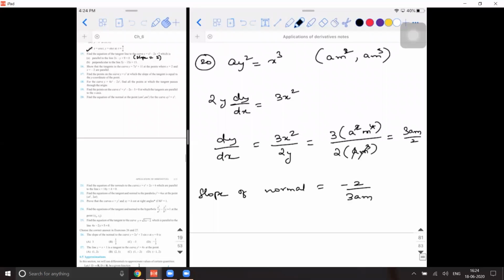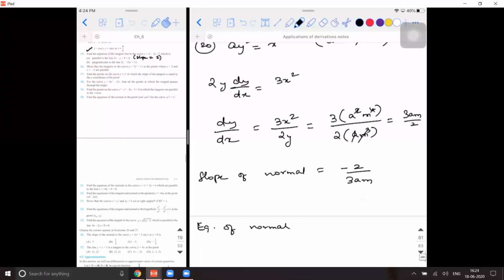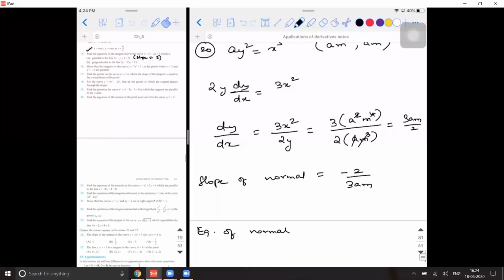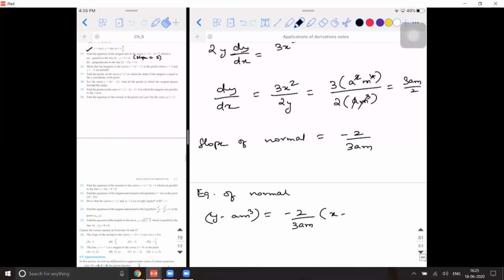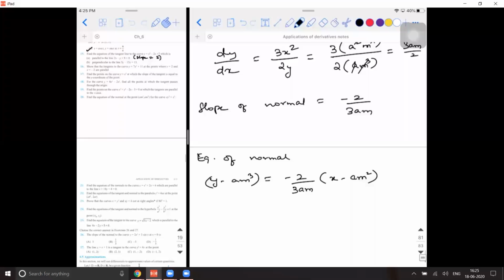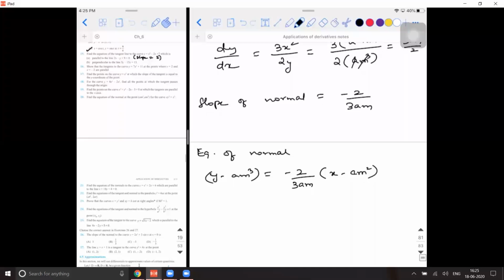So what will be the equation of line? The equation of normal will be y minus y1, y minus am cube is equal to m into x minus x1. Is there anything that is getting cancelled? No. So I have 3am y minus 3a square m power 4 is equal to minus 2x plus 2am square.